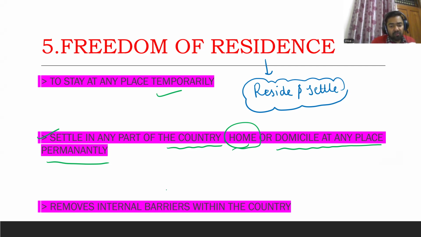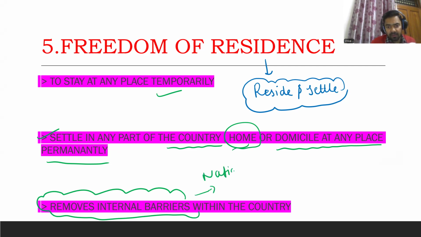So the main purpose is to remove the internal barriers and again promote nationalism, a feeling of oneness in the country. Not narrow-mindedness.